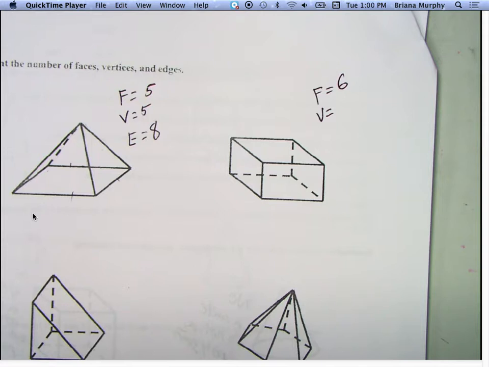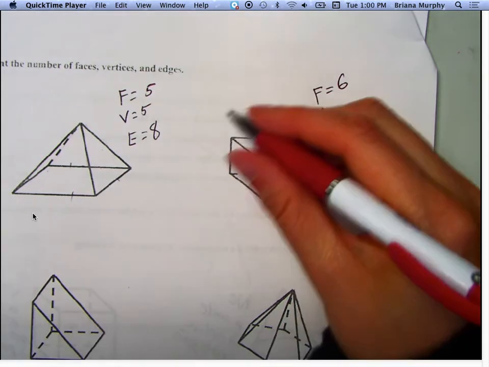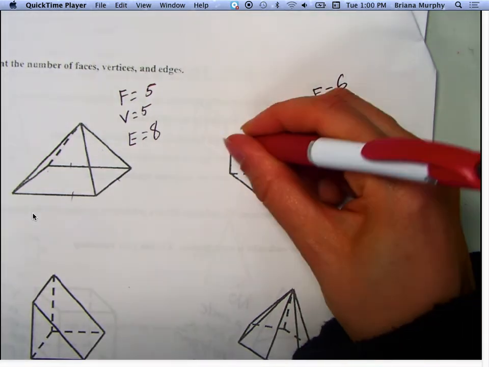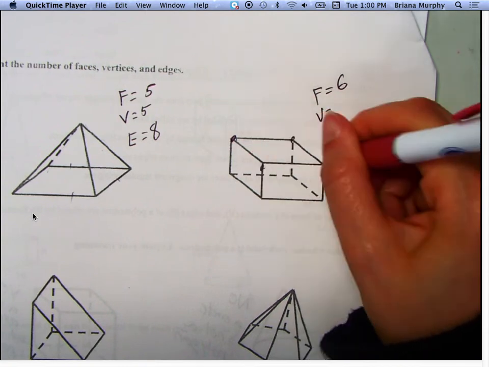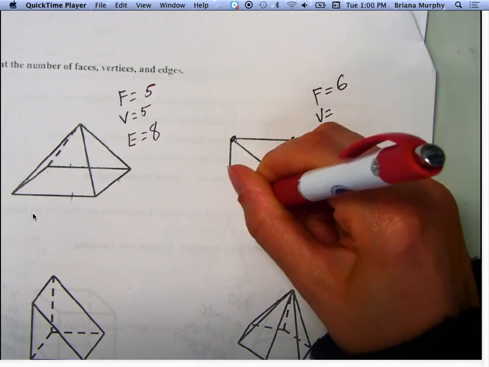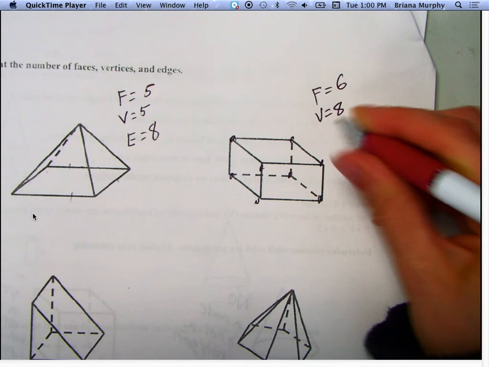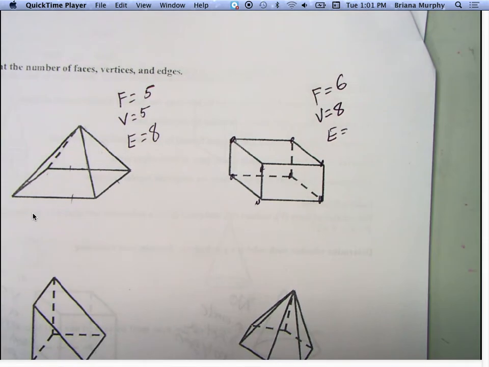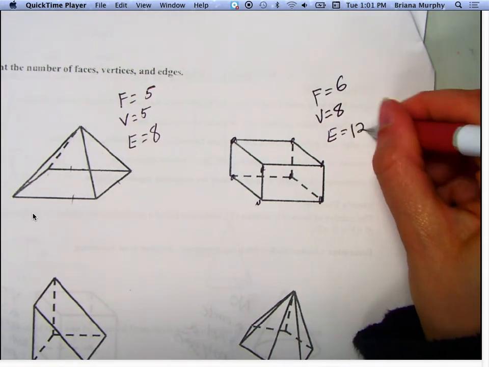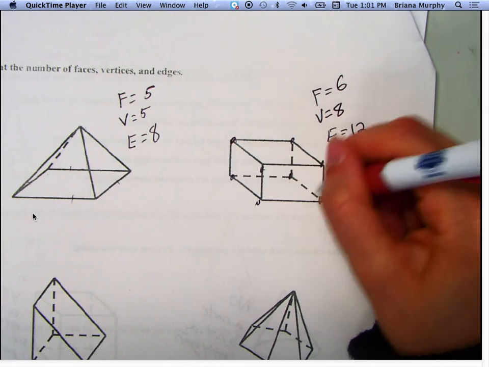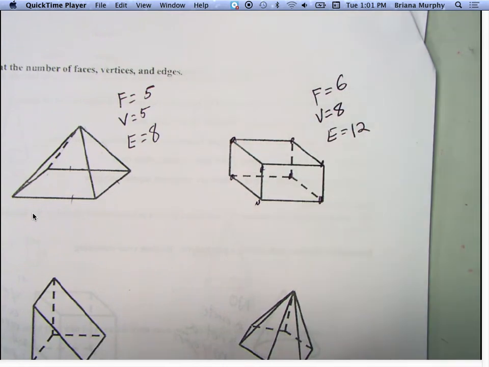I'm sorry, vertices and edges I got mixed up. We have 8 vertices, we were right. How many edges do we have? 12. Okay, let's count them. 4 on the top, 4 on the bottom, 4 going up and down to connect them.